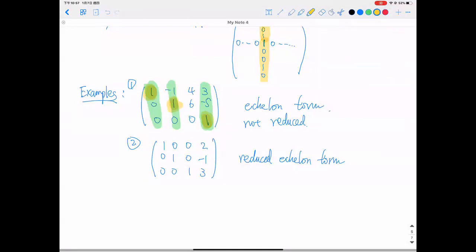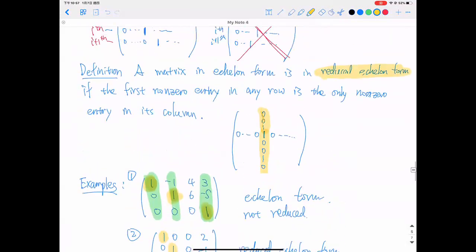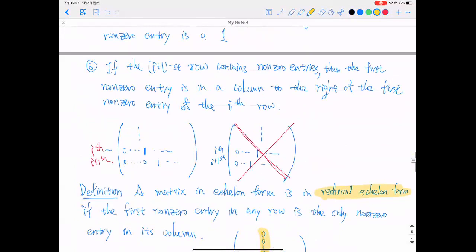And indeed, that's what we see here: 1, 1, 1. And the third condition is about the first non-zero entry of the lower rows sitting towards the right of the first non-zero entry of the upper rows. Look at it again. That's what it means.